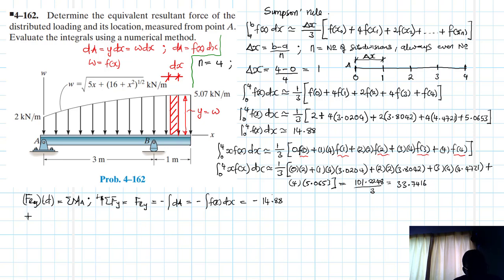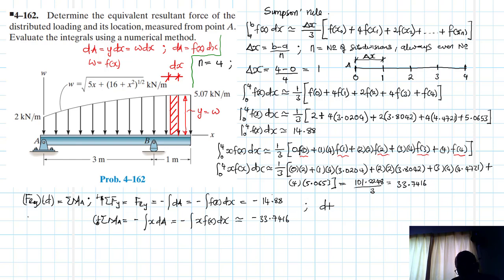Okay. Then we have summation of moments about point A, anti-clockwise being our reference. So this is a negative, a clockwise integral of the lever arm times dA, which is equal to integral of x f of x dx, which eventually is approximately equal to a minus, again just indicating the sign of the moment, 33.7416.